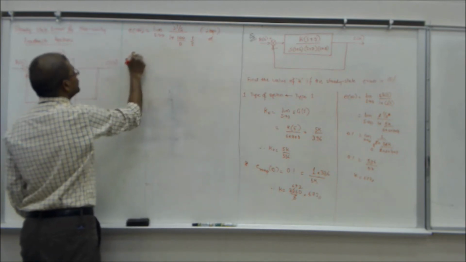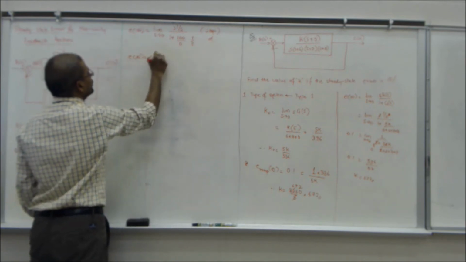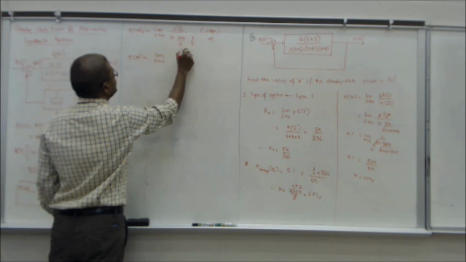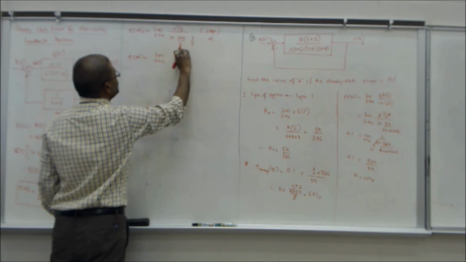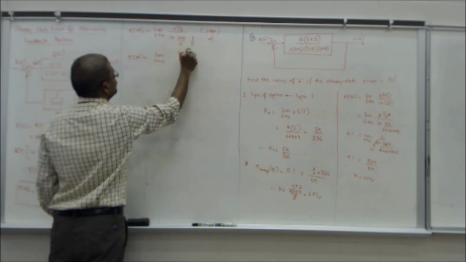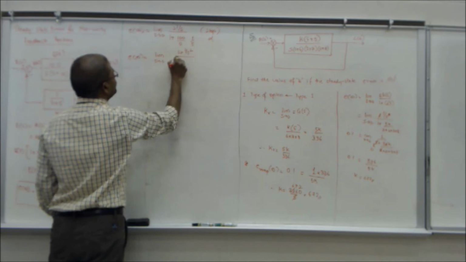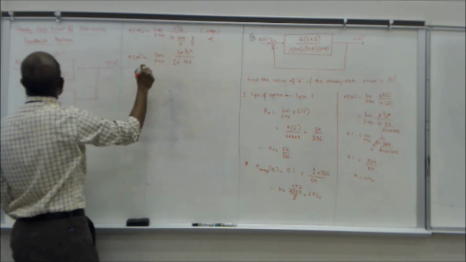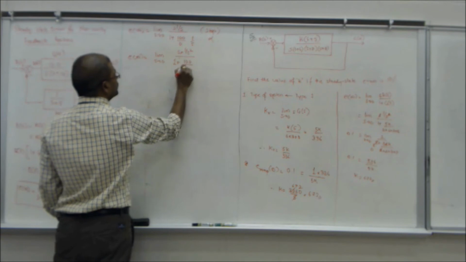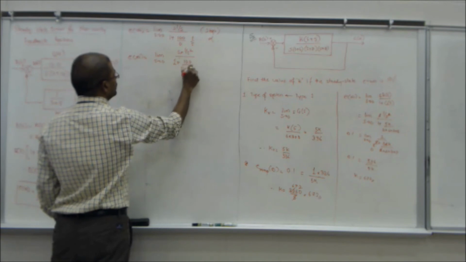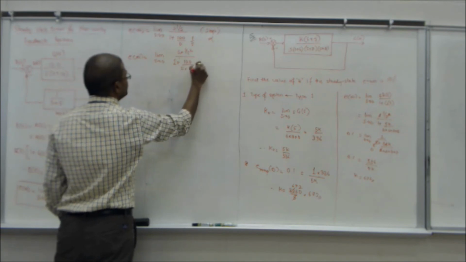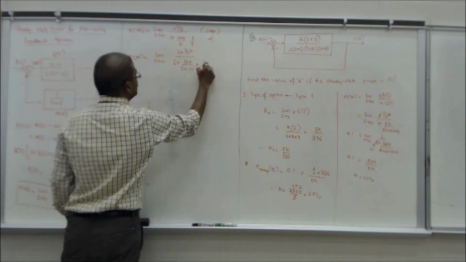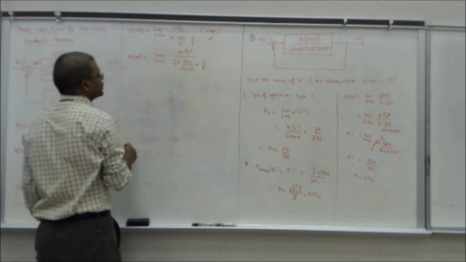What is it for ramp? Limit as s tends to 0 of s into 1 over s squared, over 1 plus 100 over s times 10, 1 over 5.